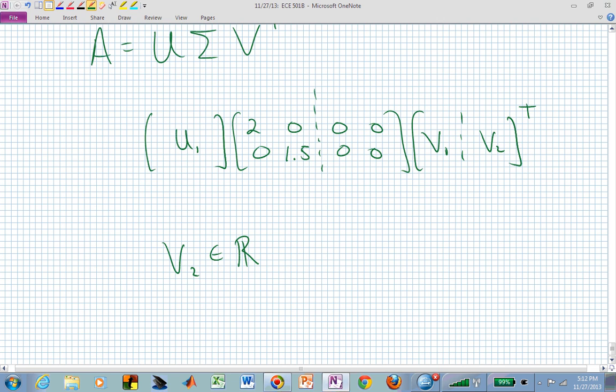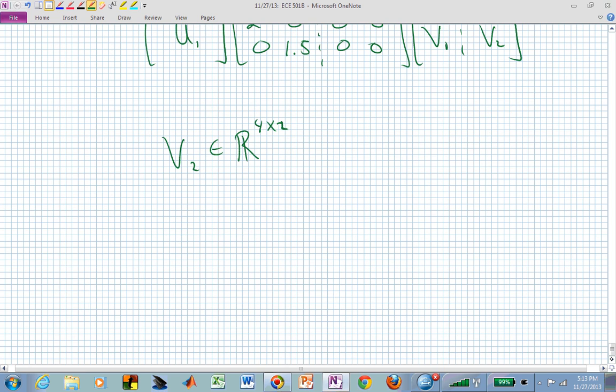It's 4 by 4, isn't it? And so we know that V2 has to be 4 by 2. So this is now 4 by 2. And the columns of V2 are going to span the null space of A.